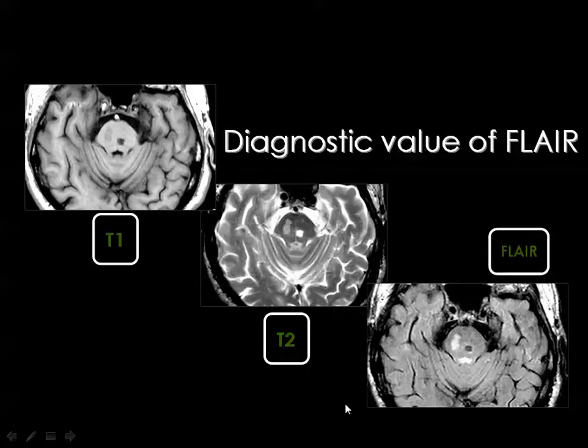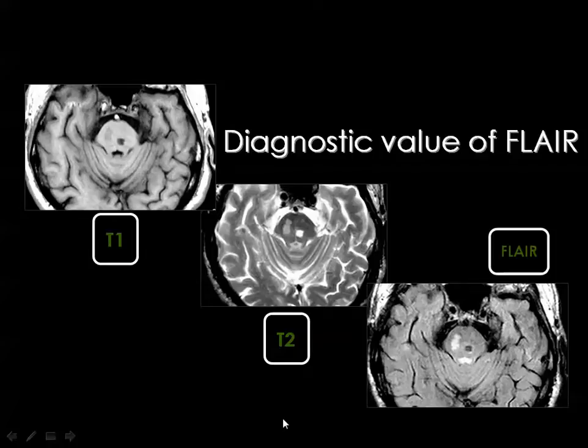The infarction which is chronic and totally liquefied will behave like the CSF in the FLAIR images, so it will appear black. While the infarction which is not yet liquefied will show low signal in the T1, high signal in the T2, and also high signal in the FLAIR images.